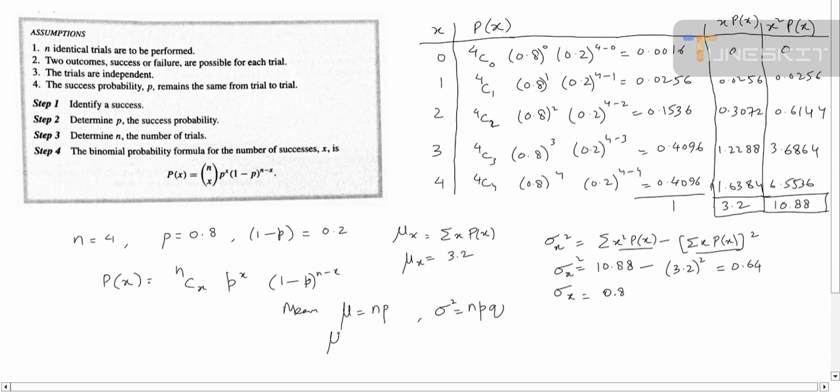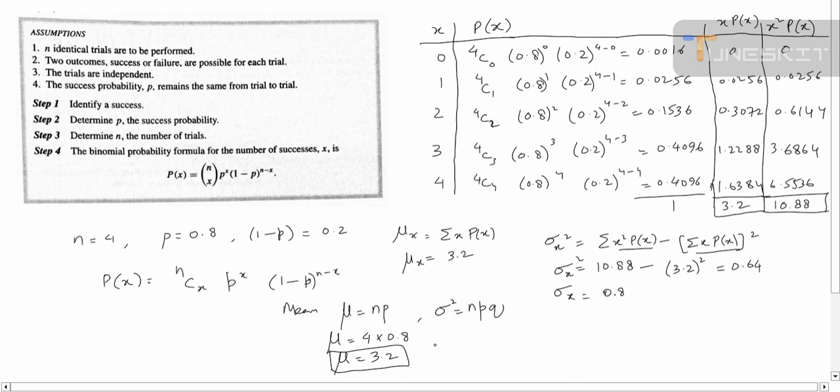Now what's the value of n? It is 4 in our case, multiplied by the probability of success 0.8. So when 4 is multiplied by 0.8, it would give us 3.2. Exactly the same answer what we have got already on the basis of this entire probability distribution, when each value of x is multiplied by its associated probability.